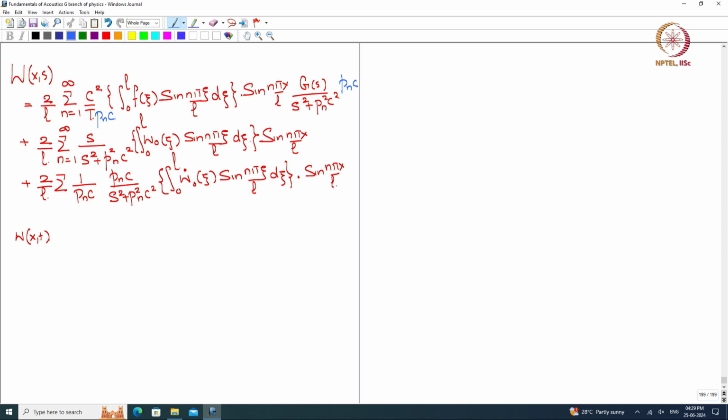So we have now w of x comma t equal to, let us see, summation over n equal to 1 to infinity, 2 by L, rho L C square, which is the T. Pn is n pi by L into C and C square.